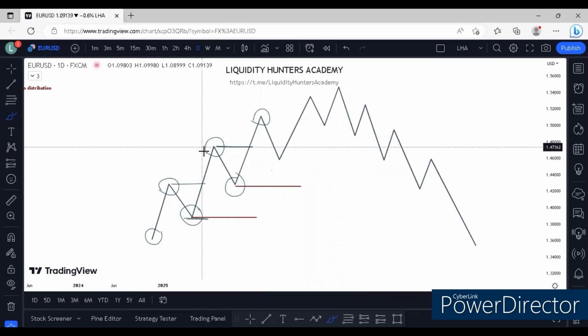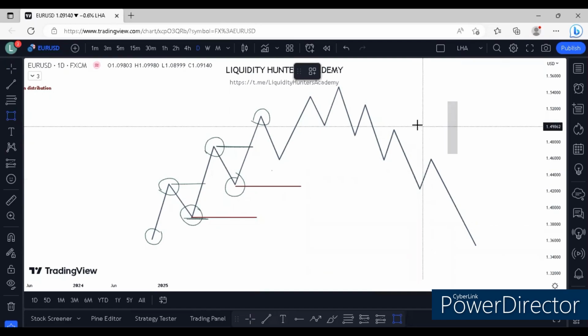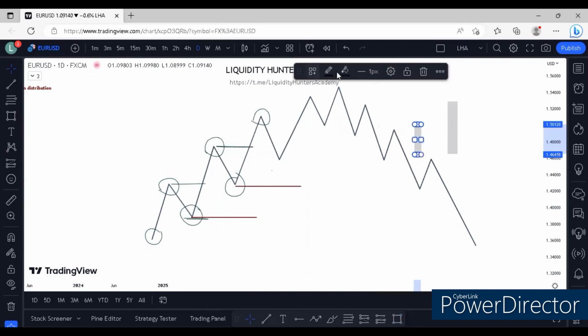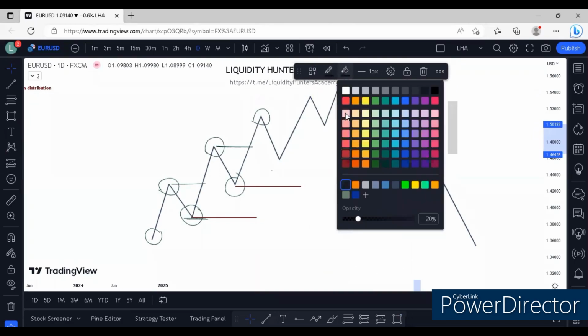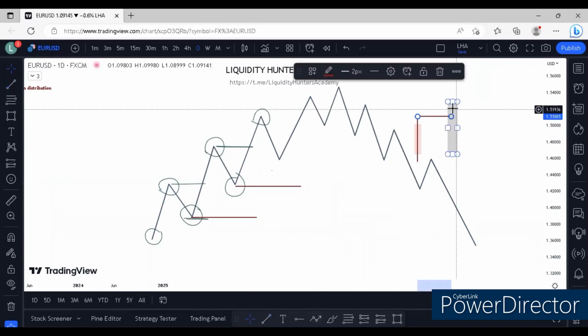Because in order for us to confirm a break of structure, we need the break to happen by a body candle. So for example, if this is our level here, let me just change this color to red. If here we have a wick and we broke above it by a body candle, this is a break of structure.